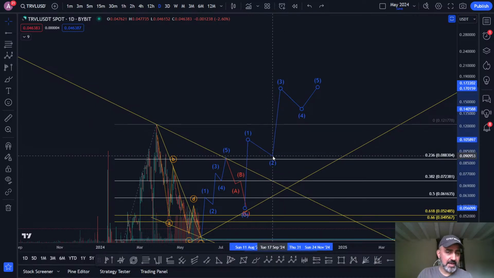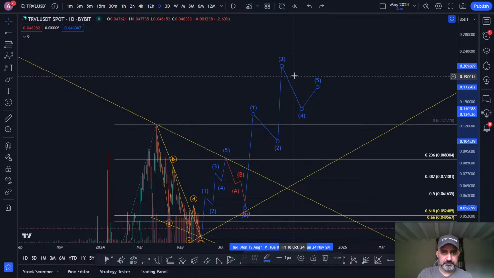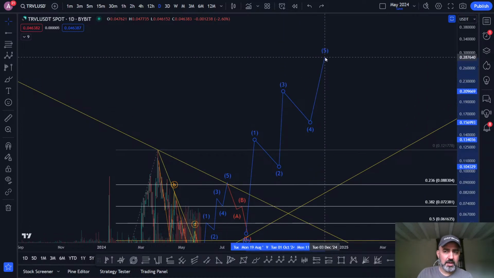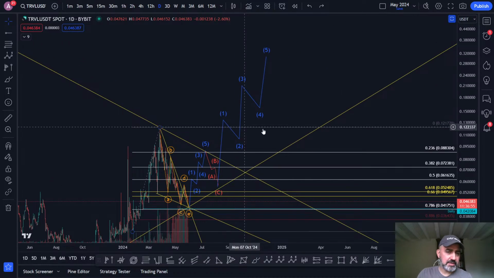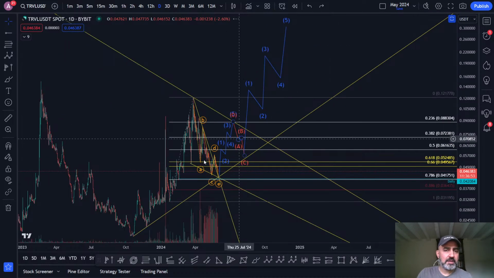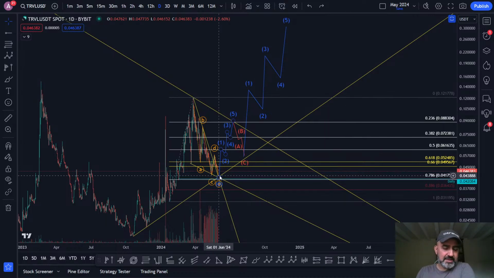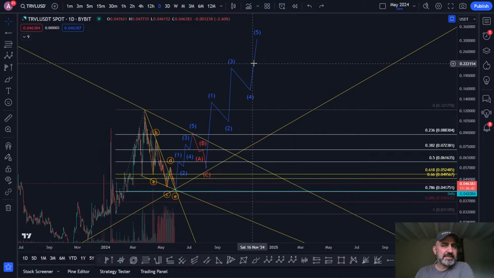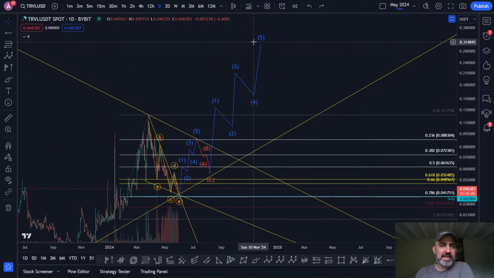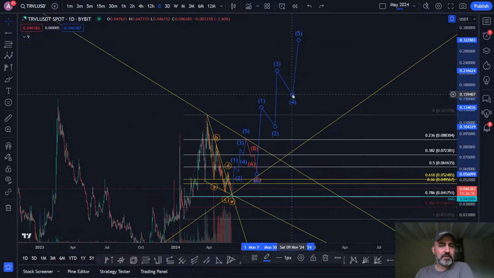And I can't even tell you how this is going to be, but I do think that if we have a wave 3 like now in the next month or two, starting with a reaction at this area here, potentially, I would like to see the wave 3 go up to 28, 29, 30 cents. That's kind of what I'm aiming for.